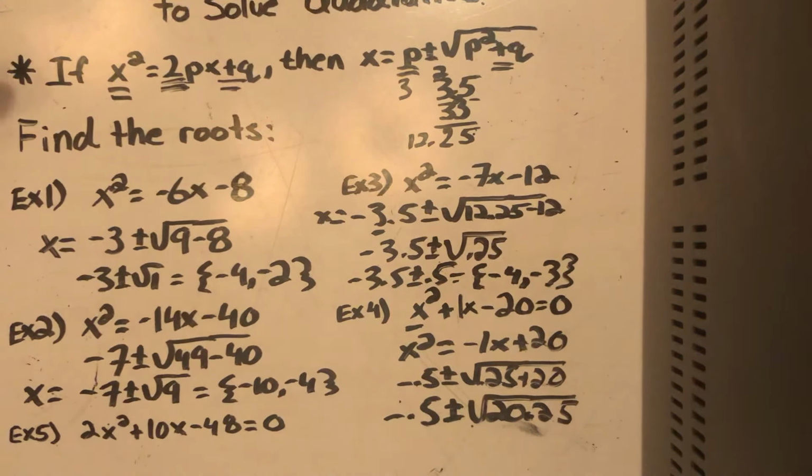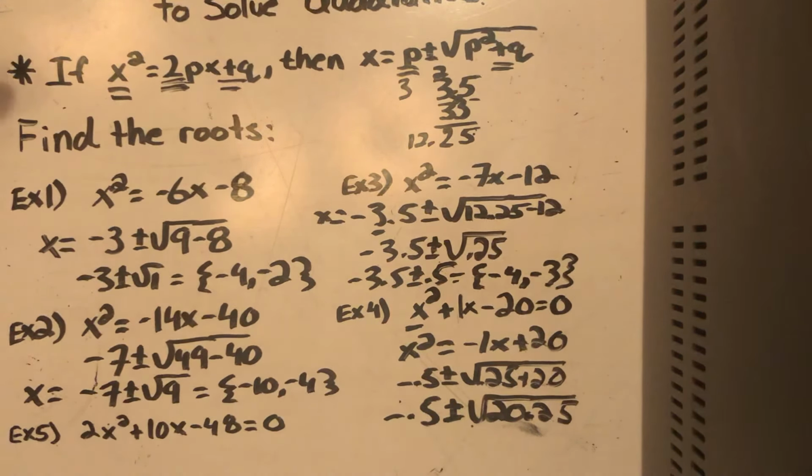So -0.5 plus or minus 4.5. So that equals -5, and it also equals, when I add 4, +4. Okay? All right, last one right here.